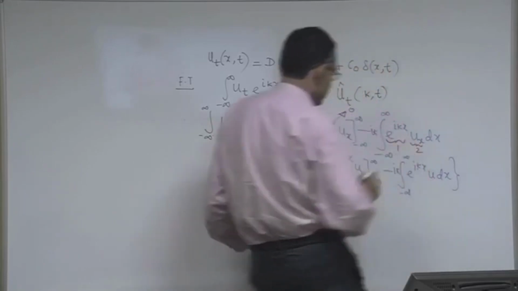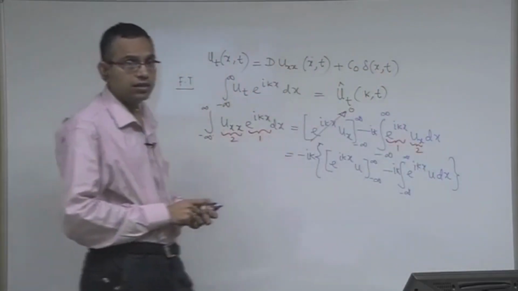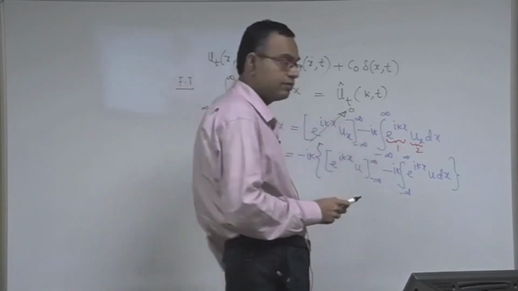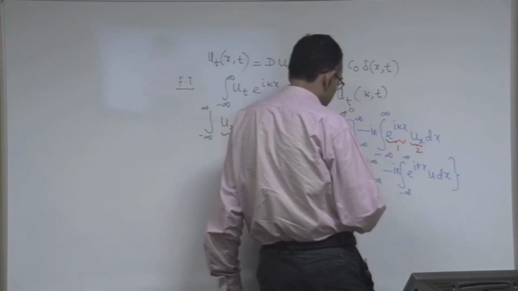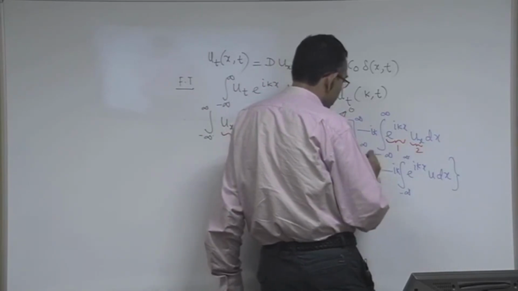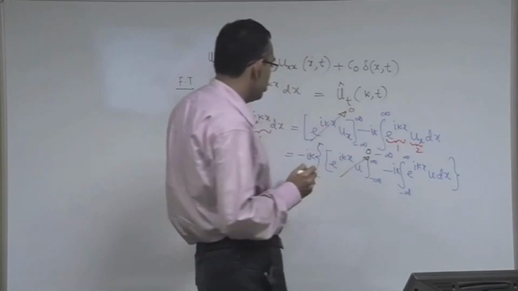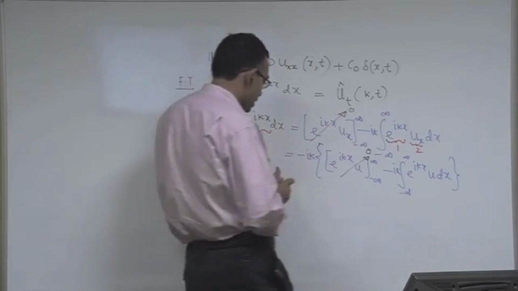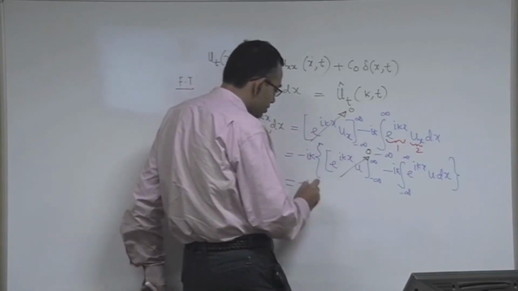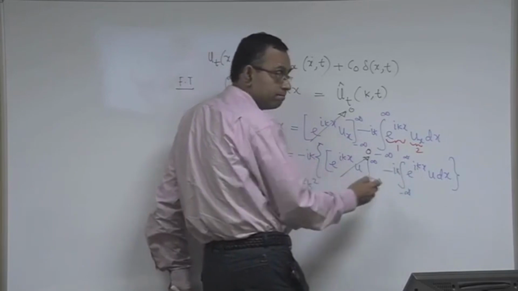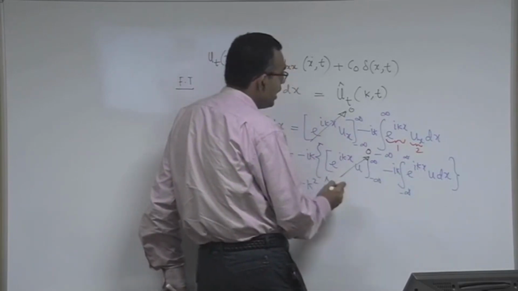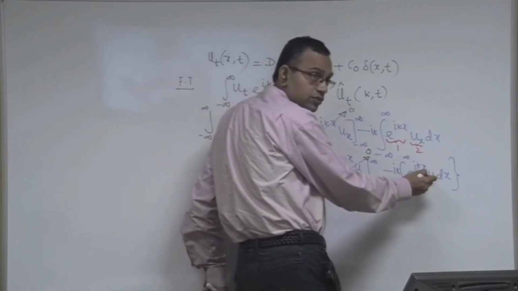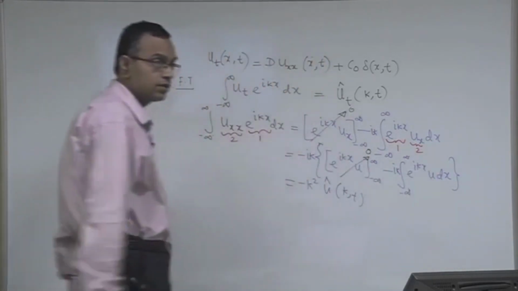The concentration is 0 at both minus infinity and plus infinity. So this term is 0. So you are left with I square k square, so that means minus k square because I square is minus 1, into what, u hat k t. This is the Fourier transform of u, so u hat, okay.